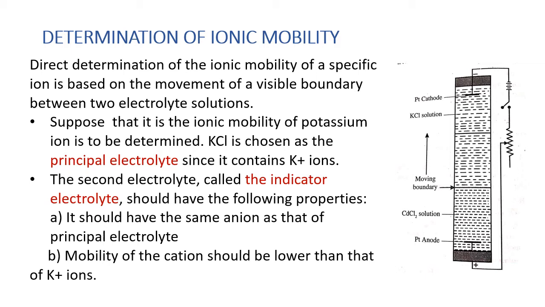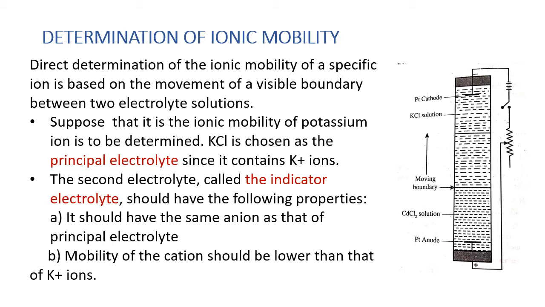And another electrolyte that is known as indicator electrolyte is chosen in such a way that it should satisfy the following conditions. One is it should have the same anion as that of the principal electrolyte. So here the anion is Cl minus, so an electrolyte containing Cl minus ions.